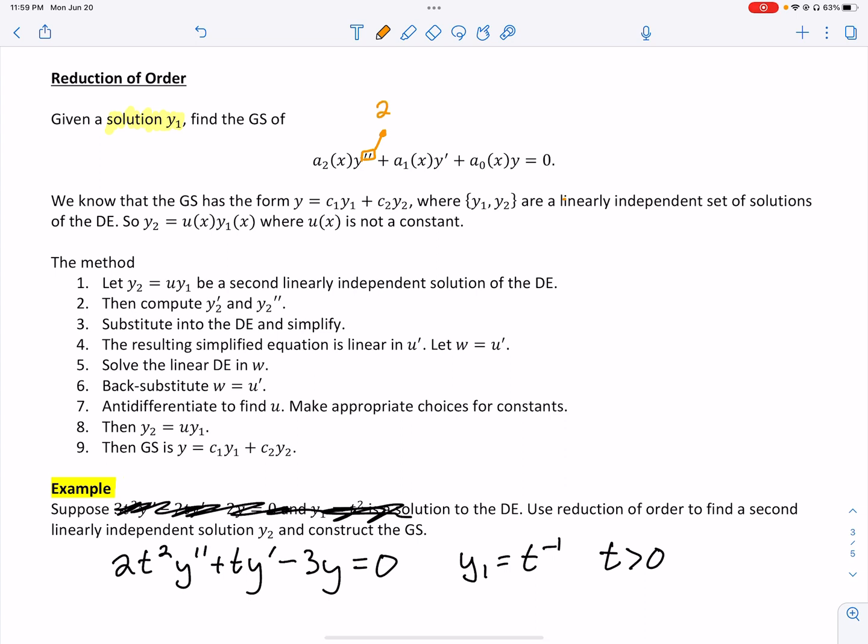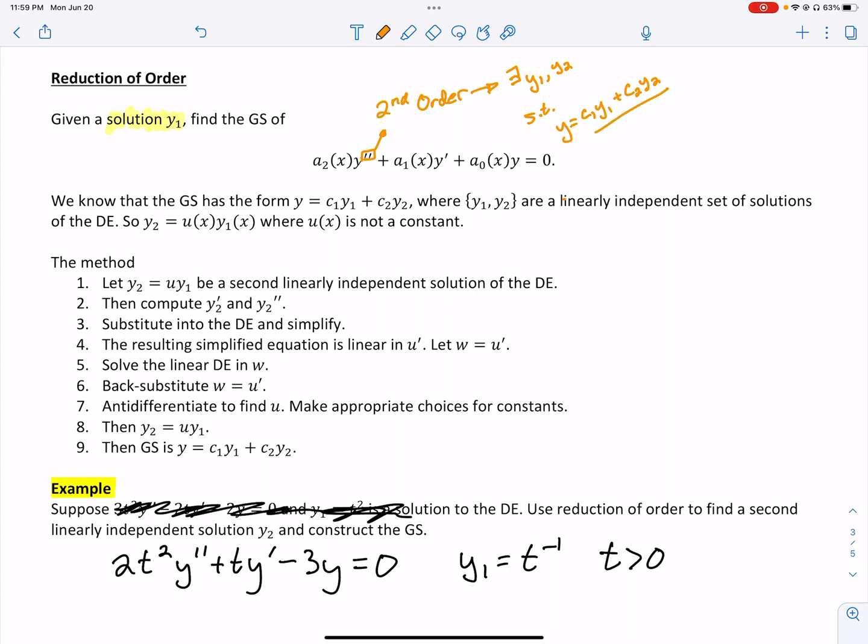But what this tells me is that since this is second order, there exist two solutions, y sub 1 and y sub 2, such that we can write the general solution in that form, right? The theory tells us that if I have those, I can write that and get a general solution. So we're going to use that idea.